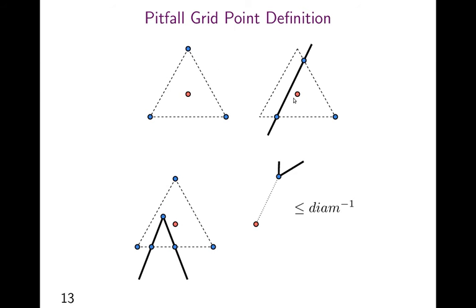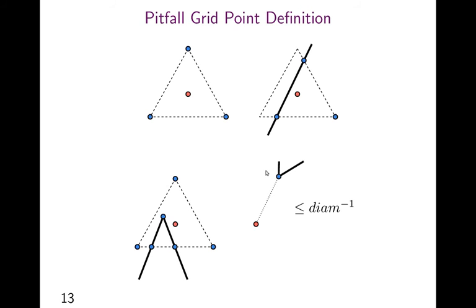But what if our point is close to an edge, then we have to define them differently. Or even close to a vertex, then we have to take even more points around, and we get worse constants. And for technical reasons, even if a reflex vertex is fairly far away, at diameter to the minus 1, which is much larger than our grid width, then we also have to include it.